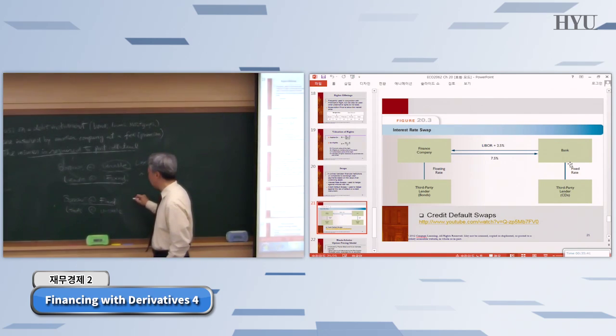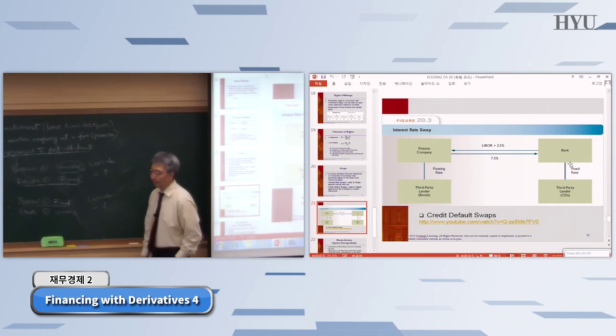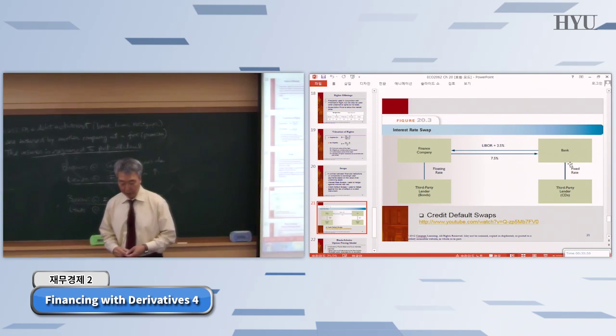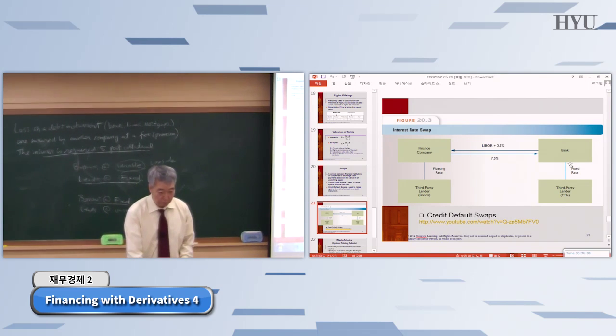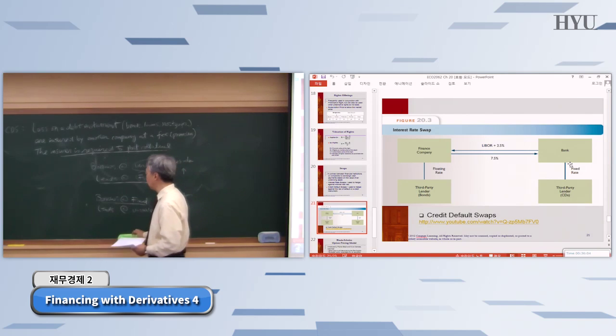So this company loses when interest rate goes down, okay? So if you have this kind of situation, then these two companies can come to some sort of agreement, okay, to reduce the risk or eliminate the risk, perhaps.